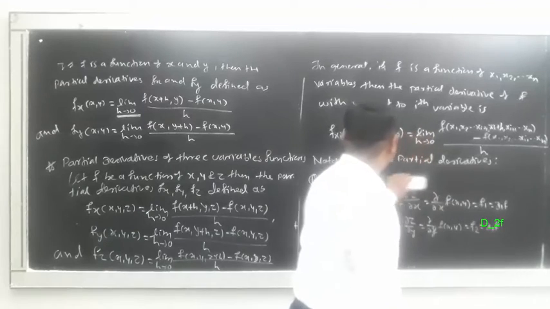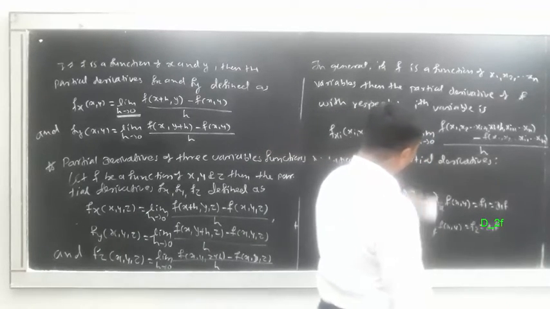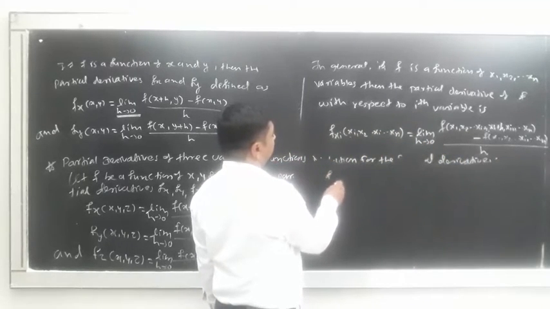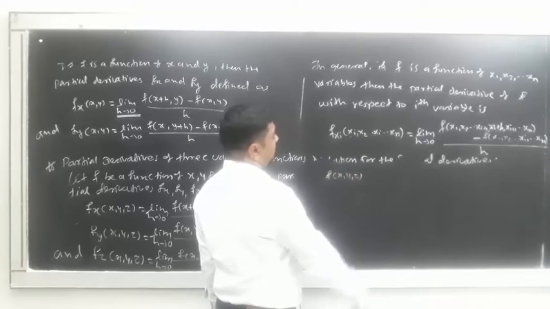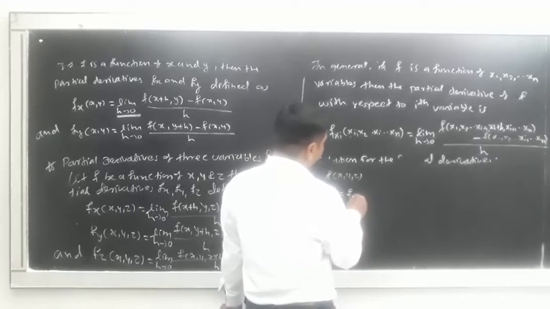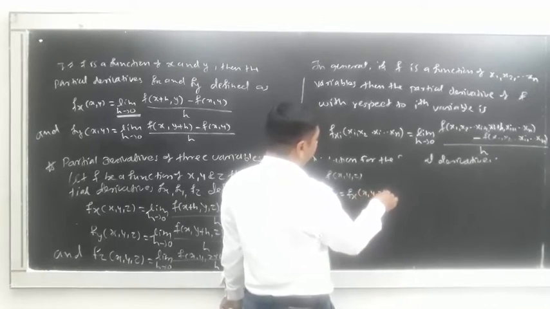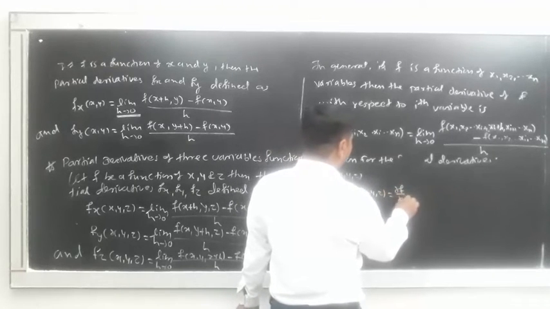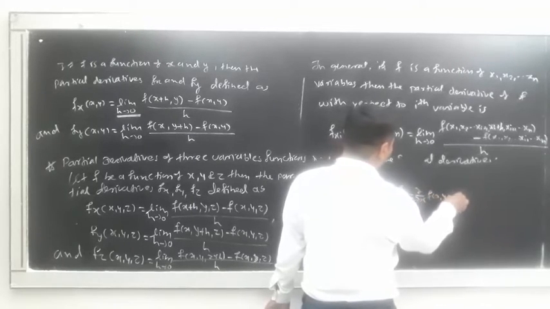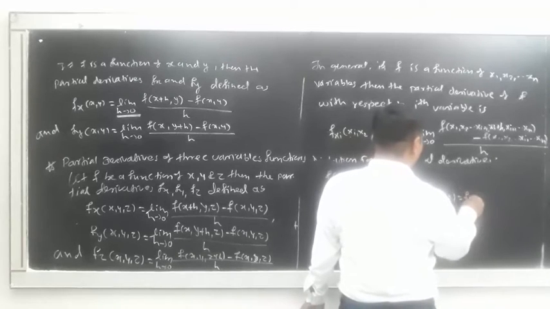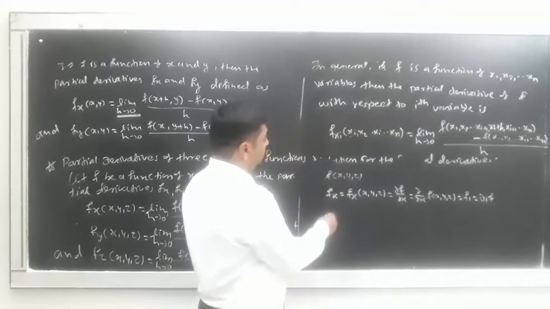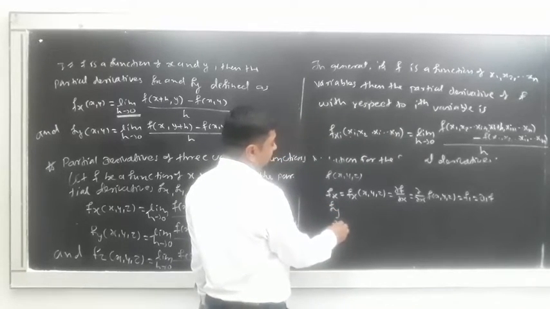For the notation of the partial derivatives of f(x, y, z), with a similar definition, you can take f_x(x, y, z), then ∂f/∂x, then ∂/∂x f(x, y, z), or f1, or D1 f, and so on. Similarly, you can take f_y, then write f_z.